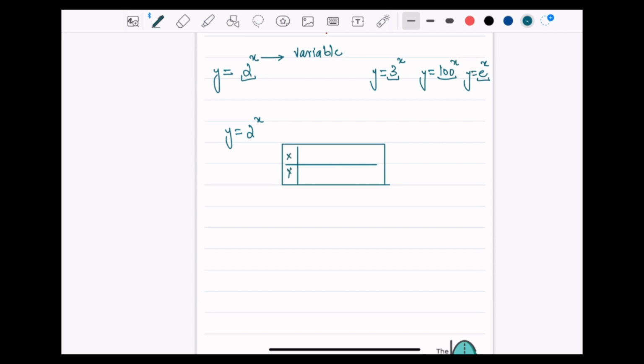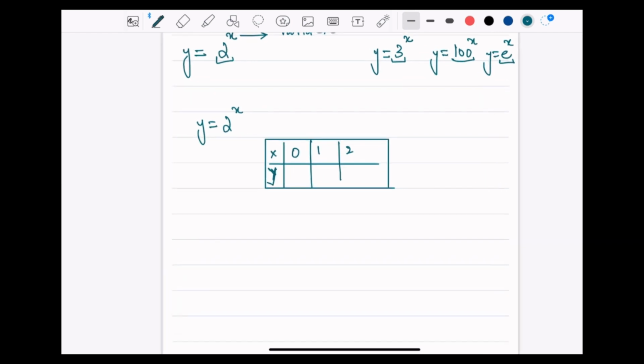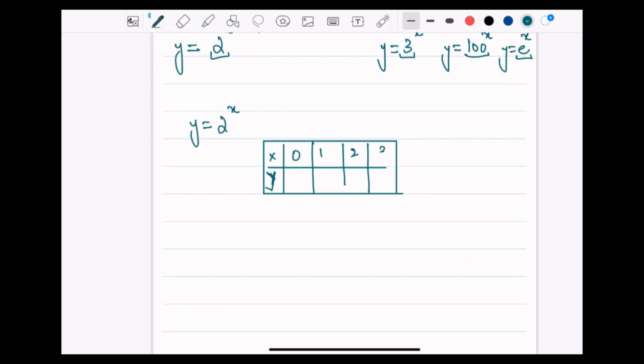I'll keep some random values. And if I keep on putting these values, I'll see that y equals 2 to the power 0 is 1.